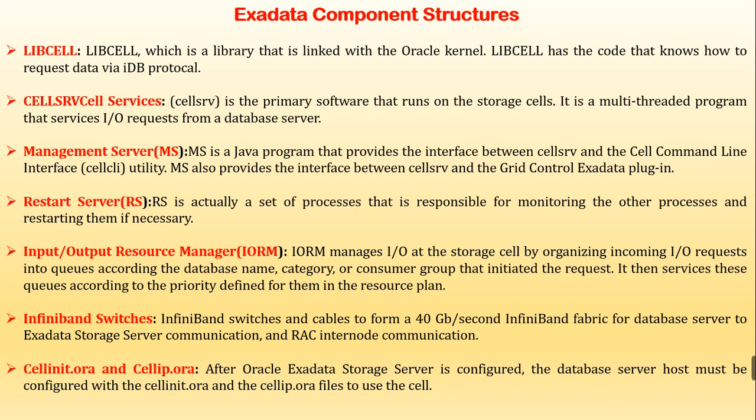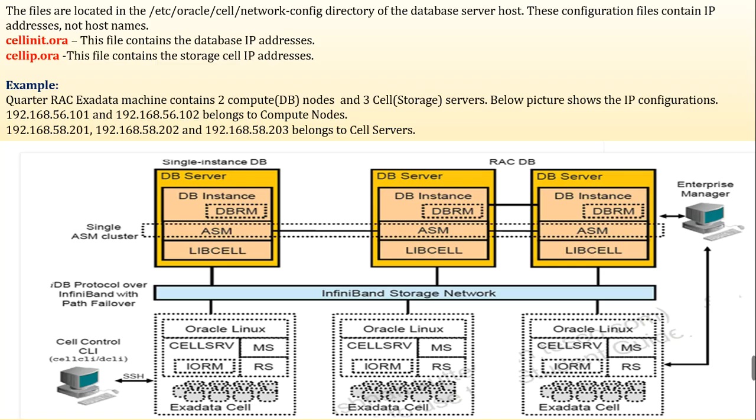Let's move on. The files are located in the /etc/oracle/cell/network-config directory of the database server host. These configuration files contain IP addresses, not host names. The cellinit.ora file contains the database server IP addresses. The cellip.ora file contains the storage cell IP addresses. For example, quarter-rack Exadata machines contain 2 compute DB nodes and 3 cell storage servers. The picture below shows the IP configurations.